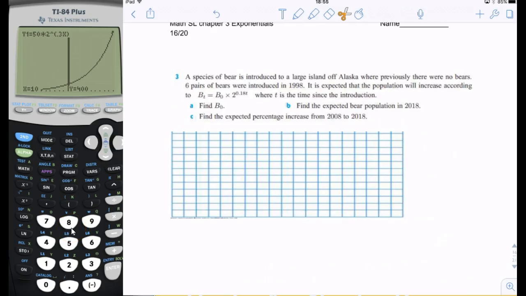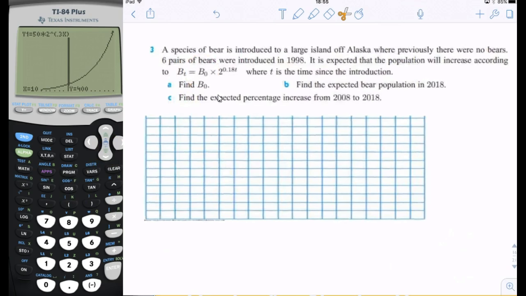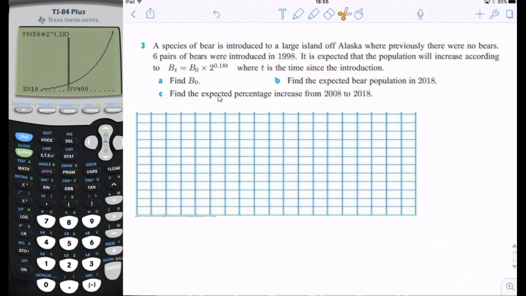Here we are on exponentials, page 16, and yet again we have another biology problem. These exponential functions are frequently the solutions to biological population modeling problems or bacteria problems, because the way living things usually expand in population is an exponential function.